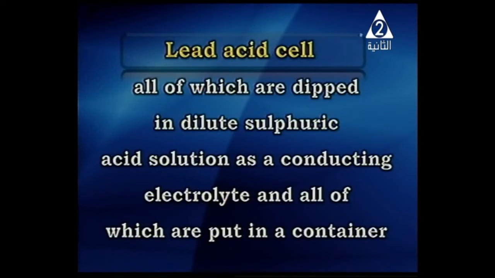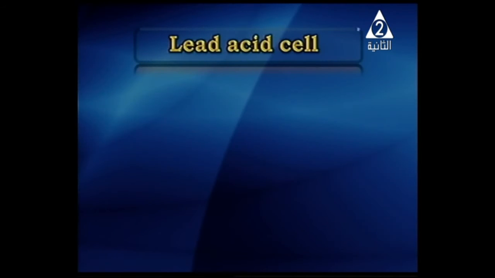If the container is made of iron or zinc or anything like this, we would have a reaction between the sulfuric acid and this metal. I don't need this reaction, which would make another new cell inside the lead acid cell. So all of it is dipped in dilute sulfuric acid solution as the conducting electrolyte to all parts of this container.